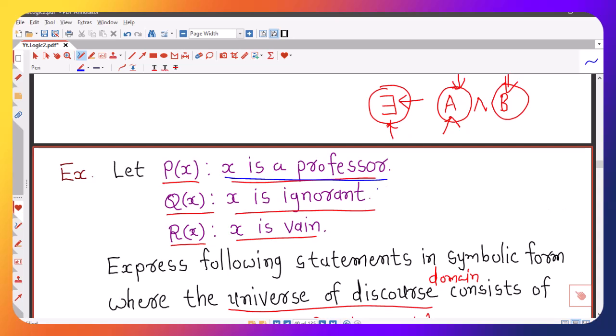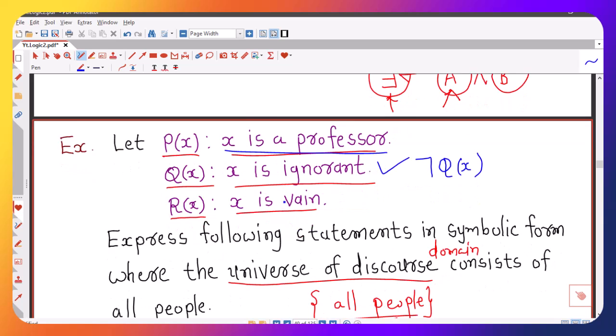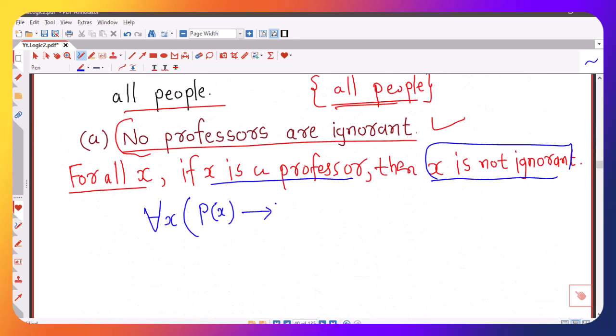X is ignorant is denoted by Qx, therefore the negation of Qx will represent that x is not ignorant. So here we will write implies negation of Qx. In this way we can easily write down the given statement in symbolic form.